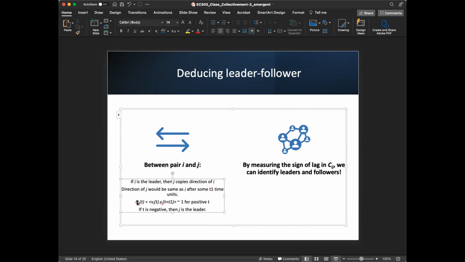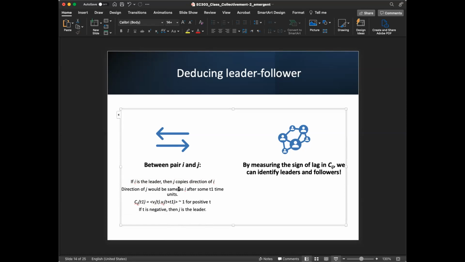Now if you look at this cross correlation function at an interval of T1, what do you expect? Vj at t plus T1 will be the same as Vi at t, right? So therefore the cross correlation function will be exactly equal to 1. So that means that if I is the leader and J is copying, this Cij, which is a function of T1, will be equal to 1 exactly at T1. Okay, I hope this point is clear.